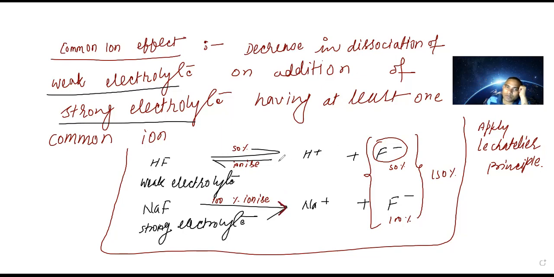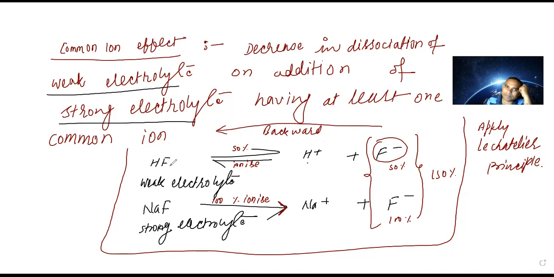So which one will go back? HF will go back. Yes or no? That means H plus and F minus combine and convert backward. So if H plus and F minus are combining and giving HF, is the dissociation of HF decreasing or increasing?